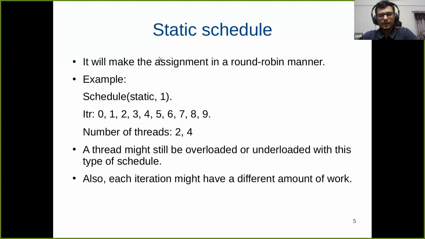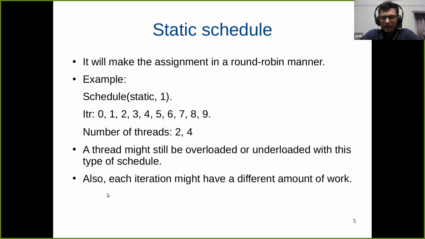So as I explained, for static schedule, the assignment is made in a round robin manner, and we went through this example as well, right? For different chunk sizes and a different number of threads. As we saw, there is still some possibility that a particular thread might be overloaded or underloaded with this type of schedule.